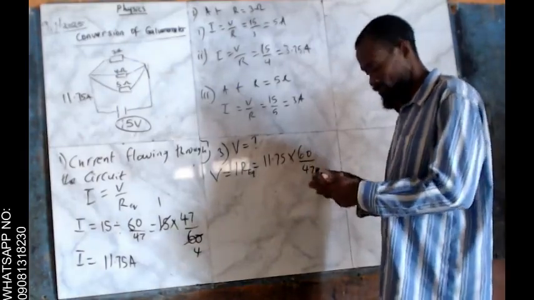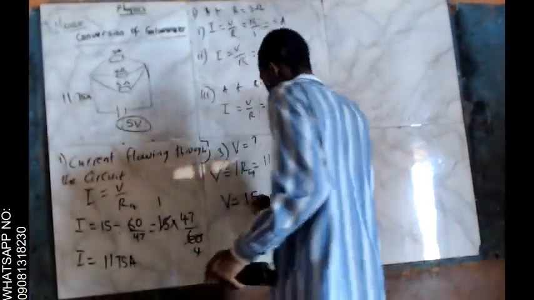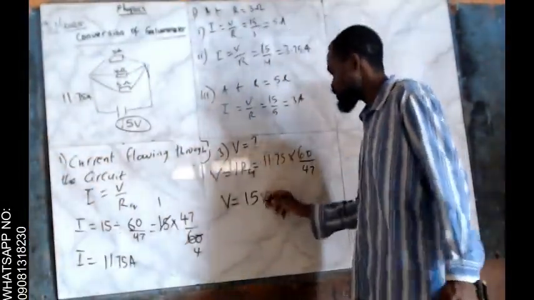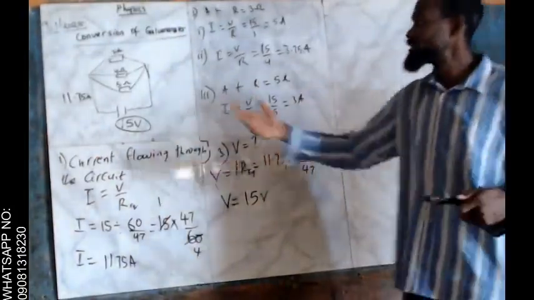Once you multiply that, you still arrive at 15 volts. So we are still on the right track.